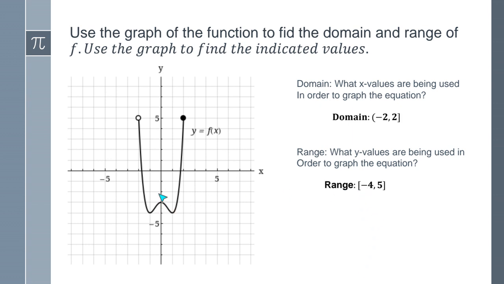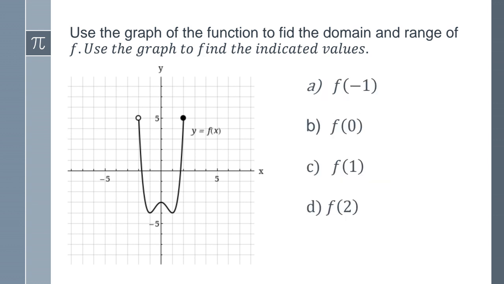And we keep going up. All these y values are being used because if you pick any of these y values and you go to the left or to the right, you're going to end up on the graph. And so all the way to 5. Here, 5 is being used on the right side, but not on the left side. As long as it's being used on one side, then we use a bracket. So that would be your range.